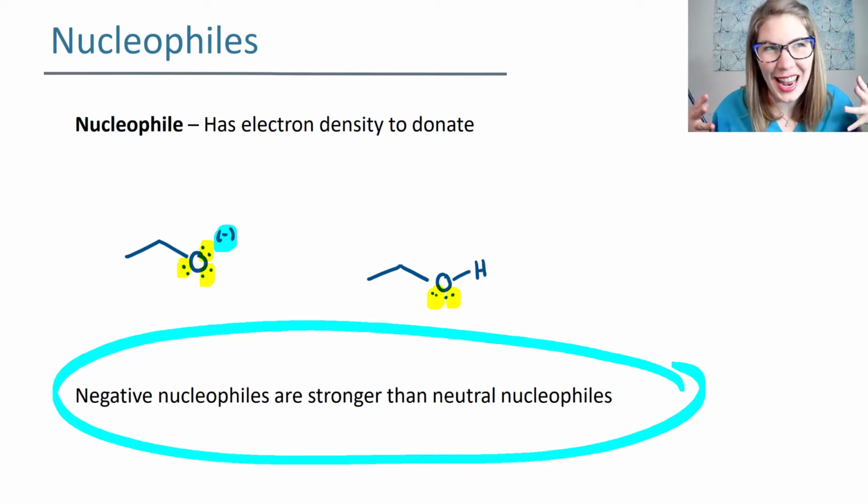Well, if it has a lot of electron density, then it really wants to be close to the protons in another atom's nucleus. So things that have the excess electron density, meaning a negative charge, are going to be stronger nucleophiles, and if atoms and molecules had feelings, they're going to desire a nucleus more strongly.